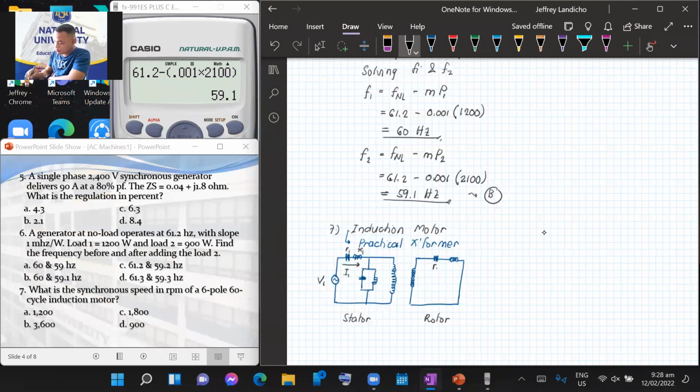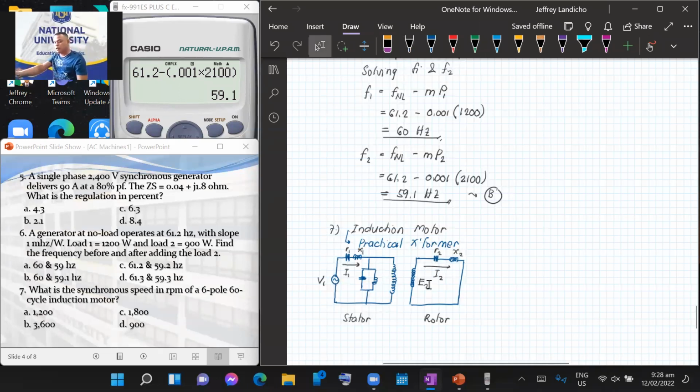So this is R2, and this is X sub 2, and this is your E sub 2. Then the rotor current, that is I sub 2.